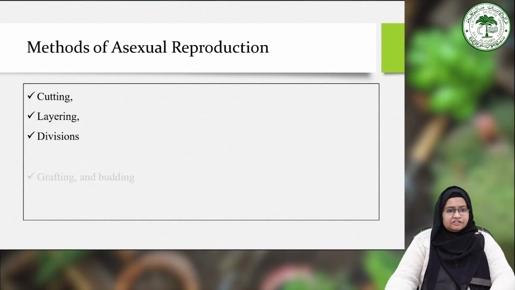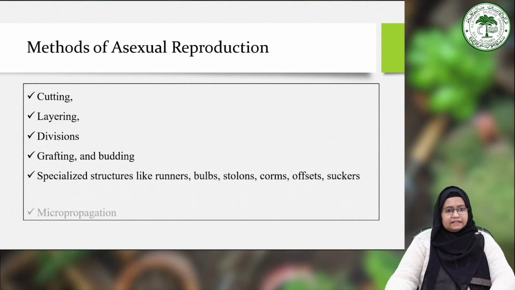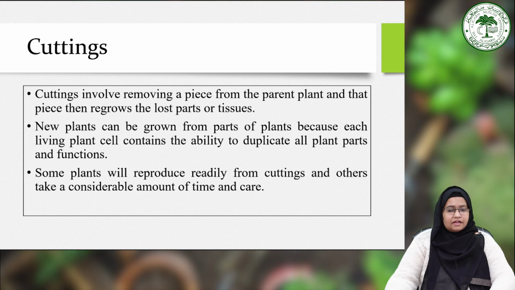The methods of asexual reproduction involve cutting, layering, division, grafting and budding, and specialized structures like runners, bulbs, stolons, corms, offsets, suckers, and the last one is micropropagation. Now starting with cutting. Cutting involves removing a piece from the parent plant, and that piece then regrows the lost parts or tissues.